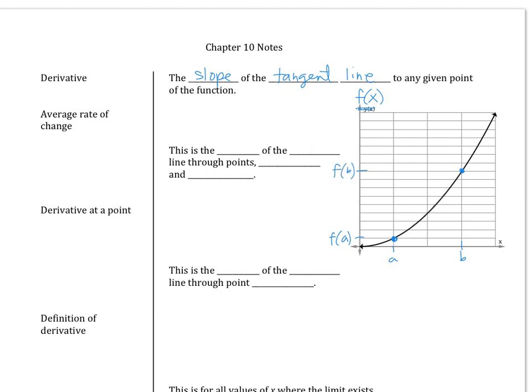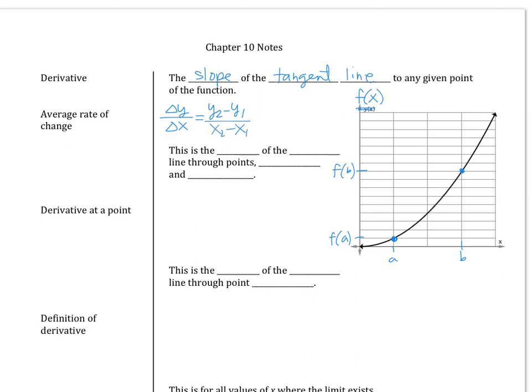Okay, and if we want to figure out the average rate of change, that means how fast is y changing over how fast is x changing. So change of y over change in x, like what we talked about in class with velocity, is basically talking about the slope of the function, right? So that is y2 minus y1 over x2 minus x1.